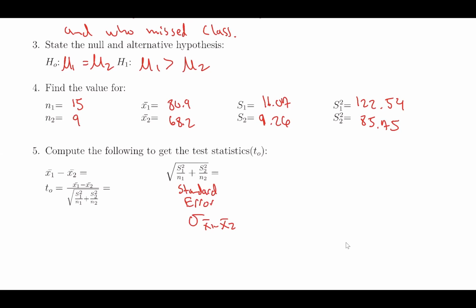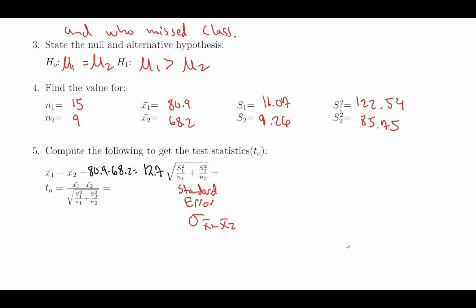All right, so let's go ahead and do this. We do x bar 1, which is 80.9, minus 68.2, because we want to see what the difference is. 80.9 minus 68.2 gives you 12.7.